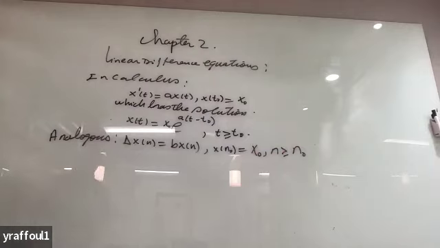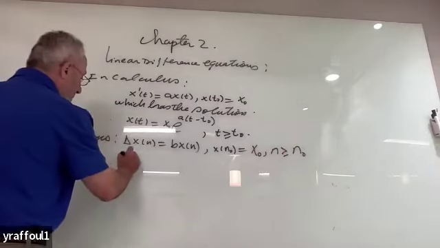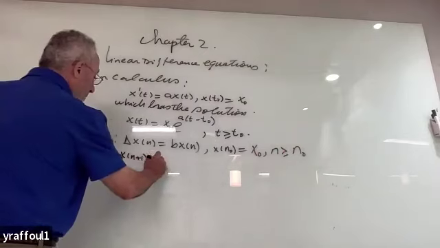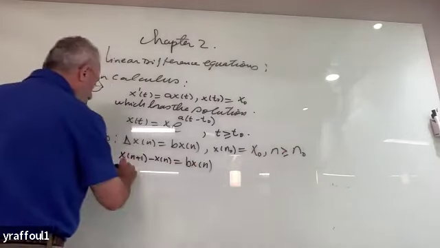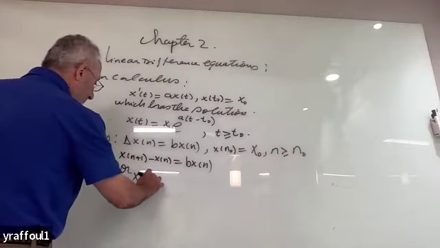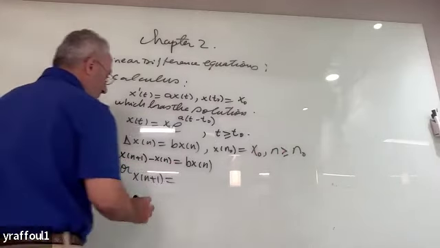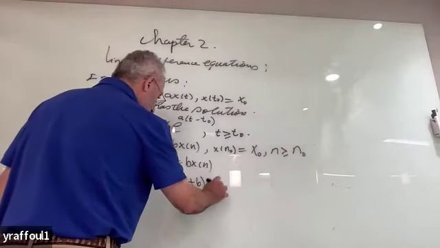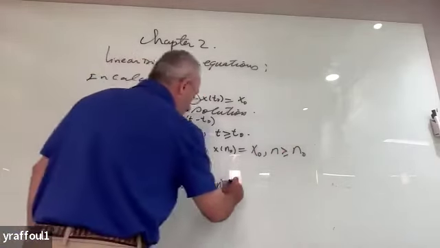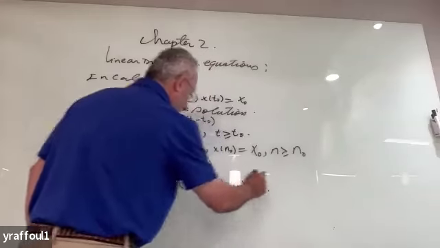Now, if I write this as x(n+1) minus xn, I'll get b xn, or x(n+1) equal to (1 plus b) xn for n bigger or equal to n0.